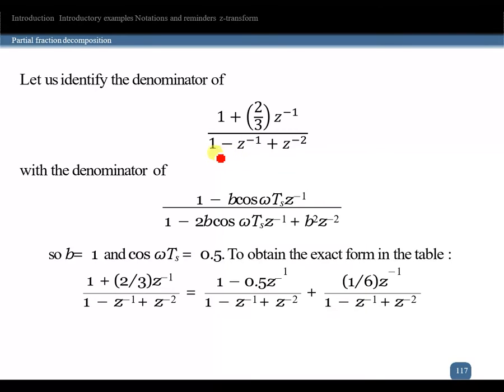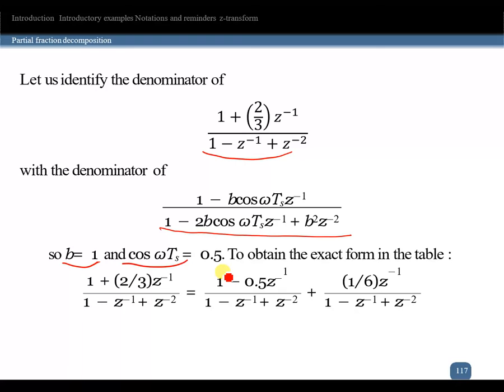For these terms I will compare the denominator with the standard form of the cosine. You find the coefficients: 2b cos ωTs will be 1, and b² is 1. You can find b equal to 1. Cos ωTs will become 0.5.